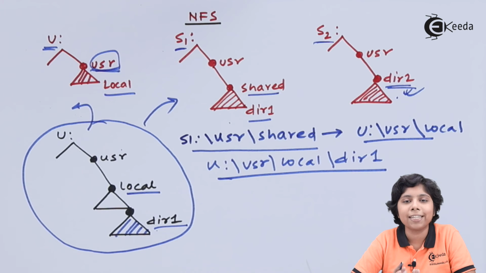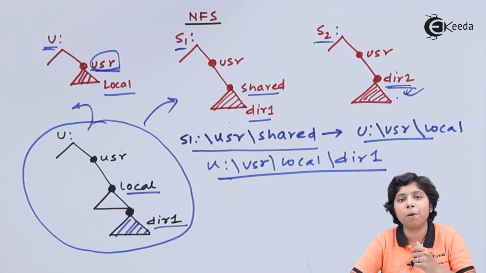Now, NFS takes advantage of heterogeneous features, that is, using different operating systems, different file systems, and different networking architectures. When we are using this heterogeneous architecture, NFS has to support different types of file system types to be mounted over the same file location.